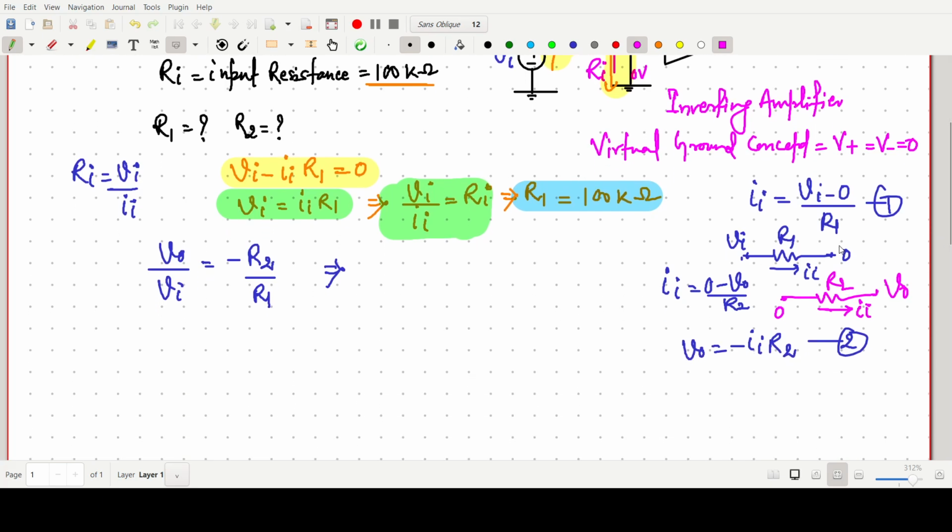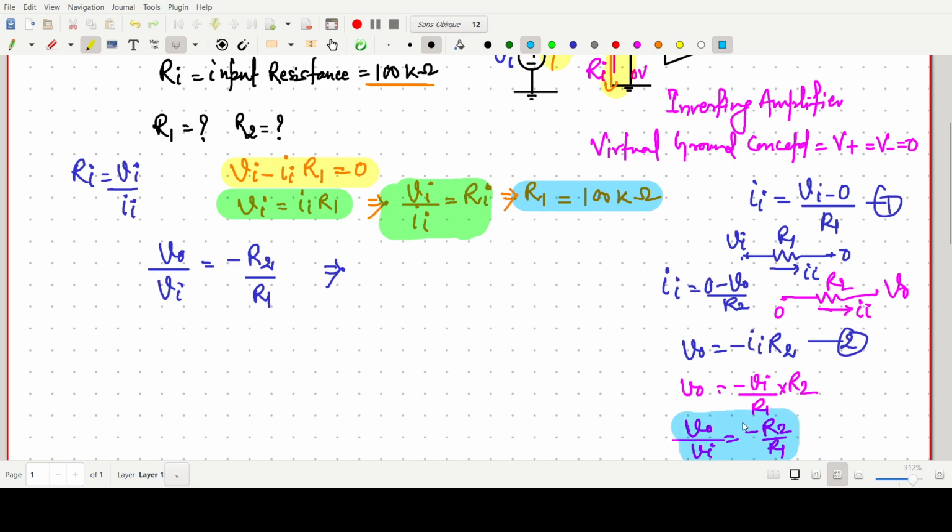If you put the Ii value from this, V naught equals minus Vi into R2 by R1, so V naught by Vi equals minus R2 by R1. We have to remember this formula, or you can prove it also. This formula is important.